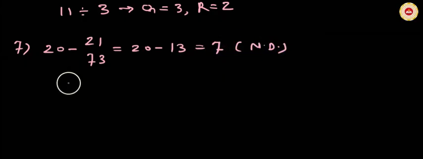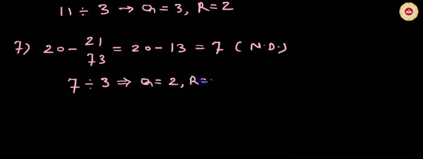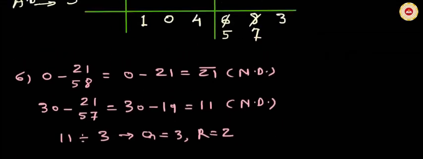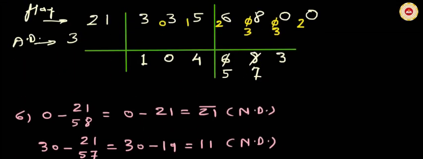So let us divide the net dividend 7 by the actual divisor 3, which gives us quotient 2, since 3 2s are 6, and remainder 1. So write quotient digit 2, and write remainder 1 as a prefix to the next digit in the dividend.